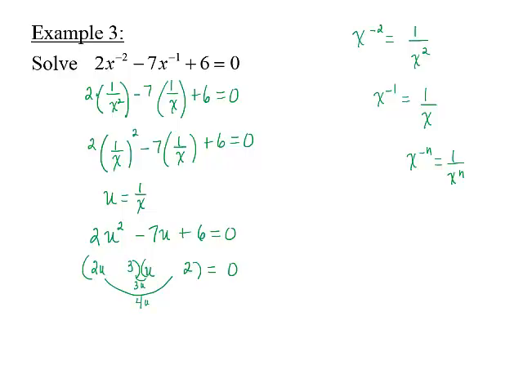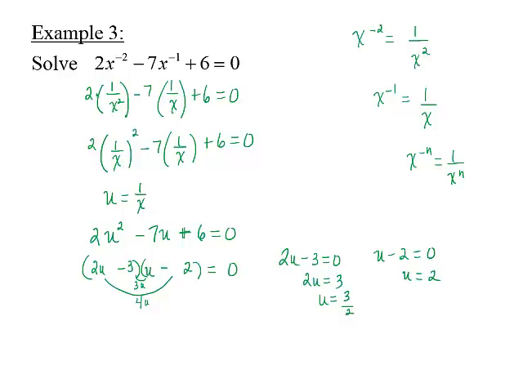We know they have to be the same sign and they're both negative. So we get that 2u minus 3 is equal to 0, or u minus 2 is equal to 0. So 2u equals 3. So u is 3/2. Or u is equal to 2.